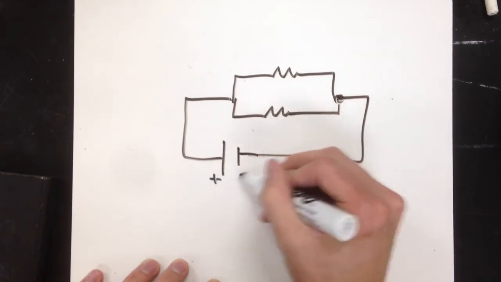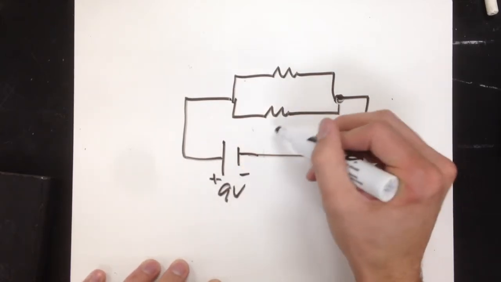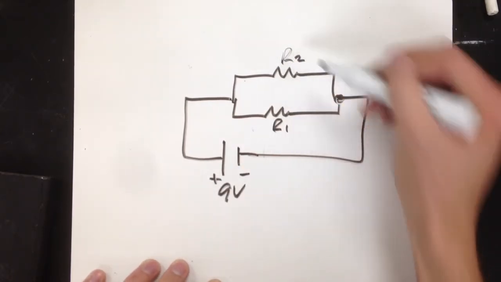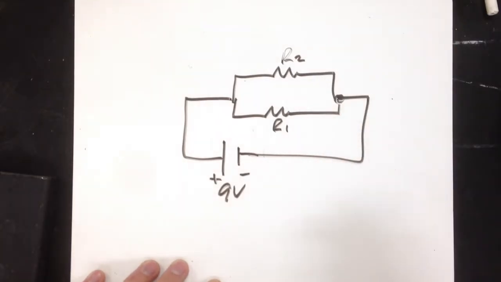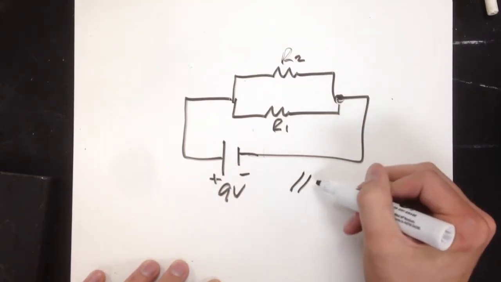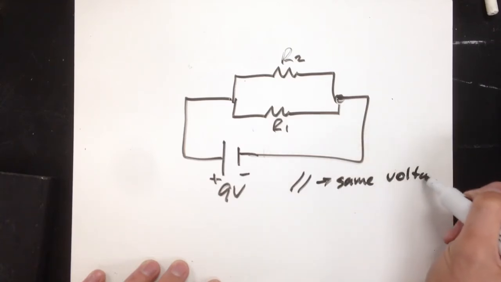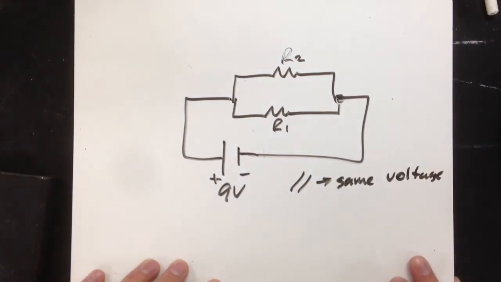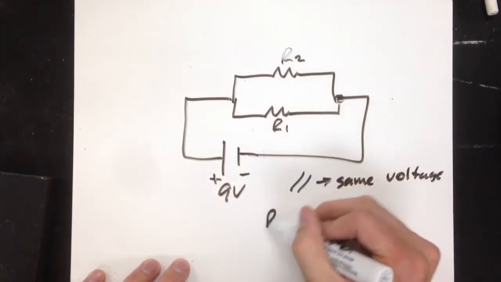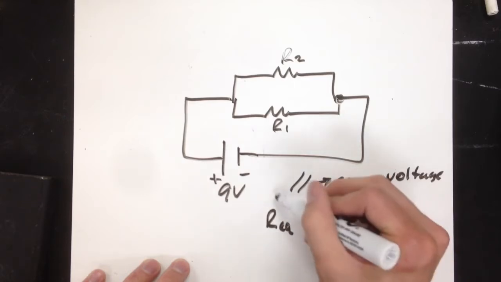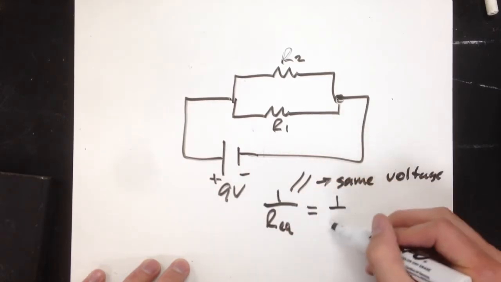So here's a battery. Let's do 9 volt again. Here's R1, here's R2. These two are in parallel with each other. Parallel resistors will have the same voltage, but they will have a different current. And to get that equivalent resistance, whenever you're talking about resistors in parallel, it is the reciprocal sum.